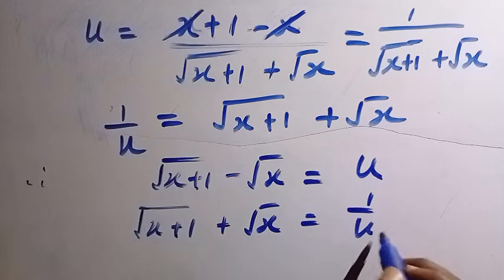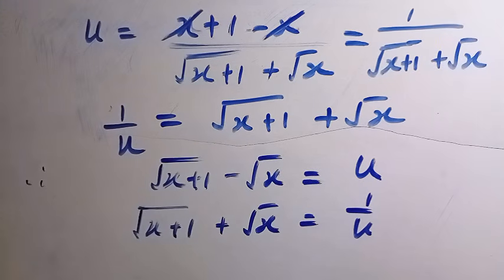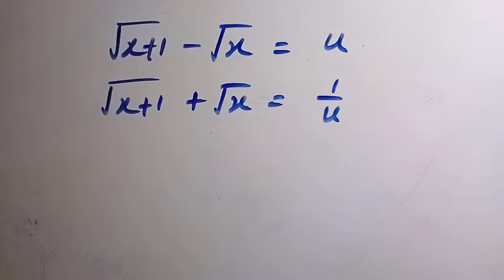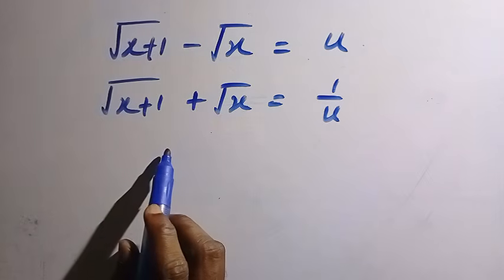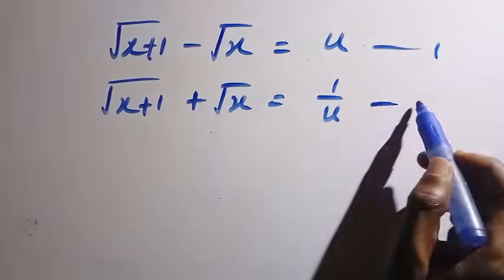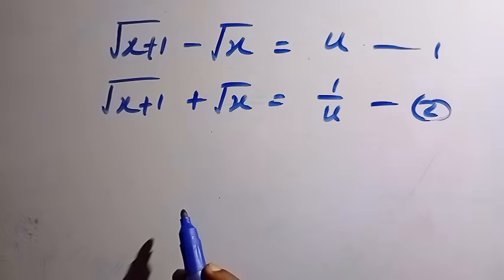This gives us 1 over u. We have to solve these simultaneously. Our goal is to find square root of x. So suppose I call this one equation 1 and this one equation 2.